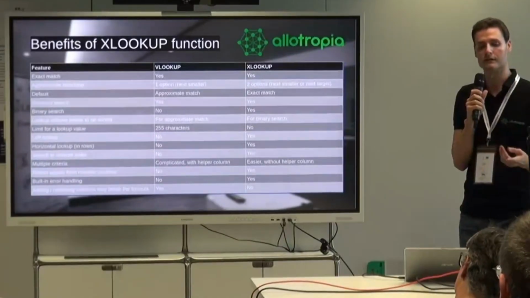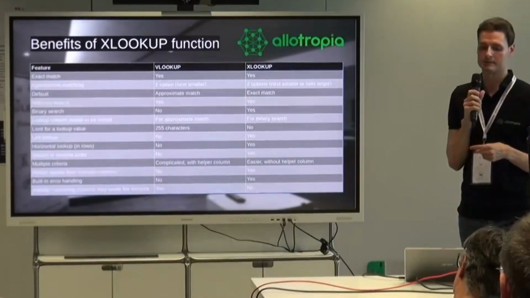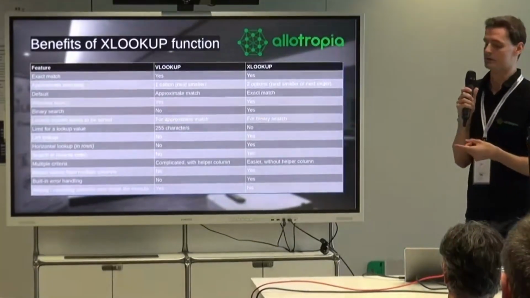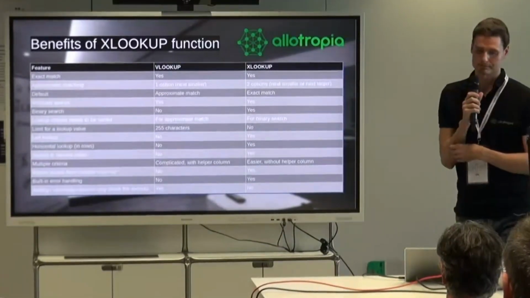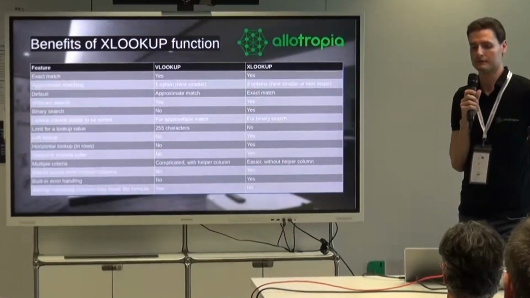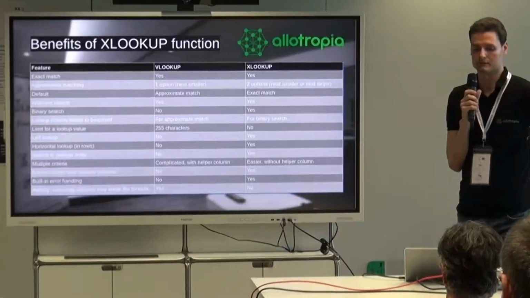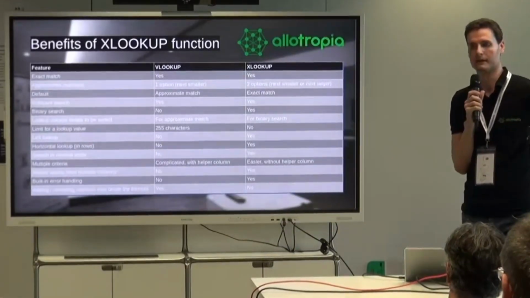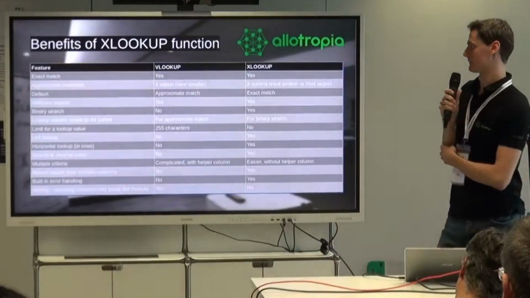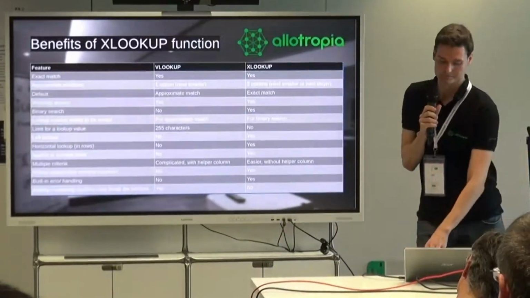And it can return entire rows and columns of data instead of a single value, which wasn't possible with the earlier lookup functions. It can also use complex criteria to work with native arrays. And also, as I mentioned, we have built-in error handling if we have no match. And the binary search mode, which I mentioned earlier.